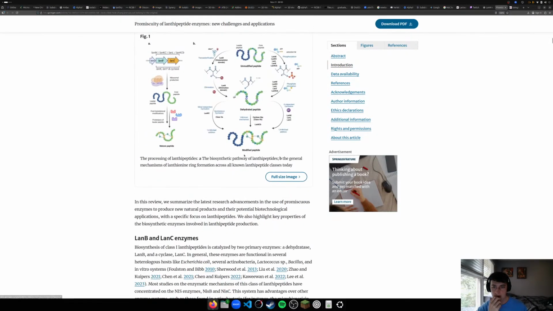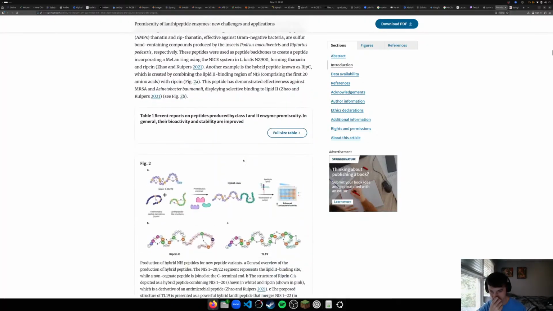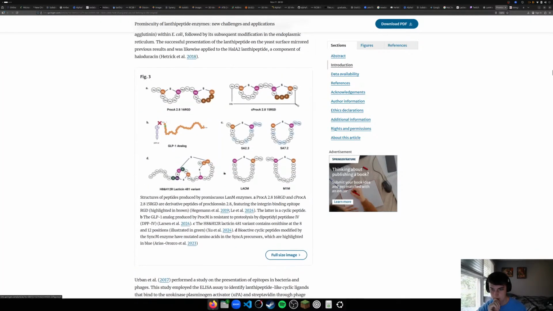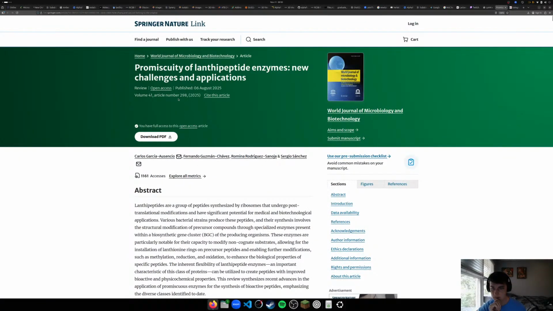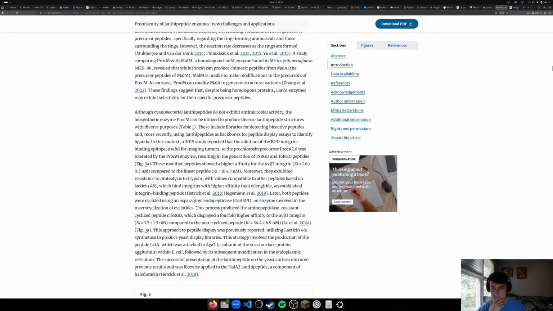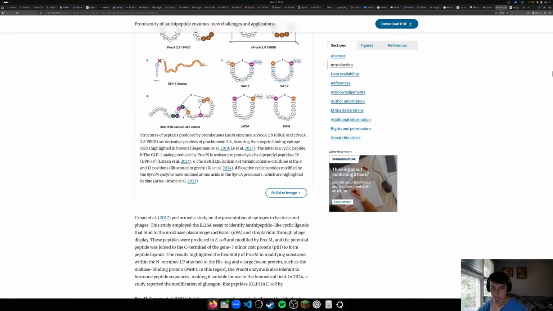This is a long paper. When was this published? Oh, super recent. The latter is a cyclic peptide. B is a GLP-1 analog produced by ProcM.